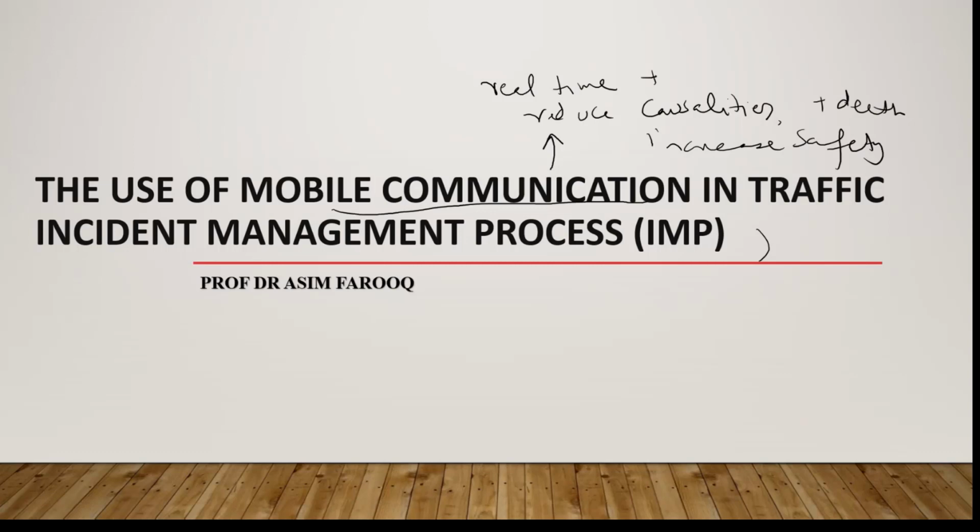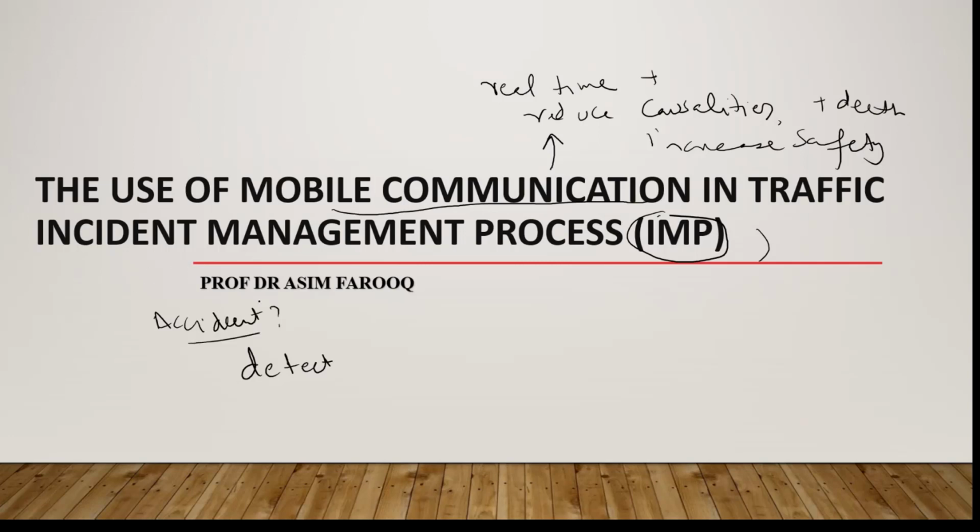Okay. So the critical point in traffic incident management is actually the procedure through which we detect. From now on we will try to understand and use the IMP. One is incident and another one is accident. We will also elaborate the difference between both of them.